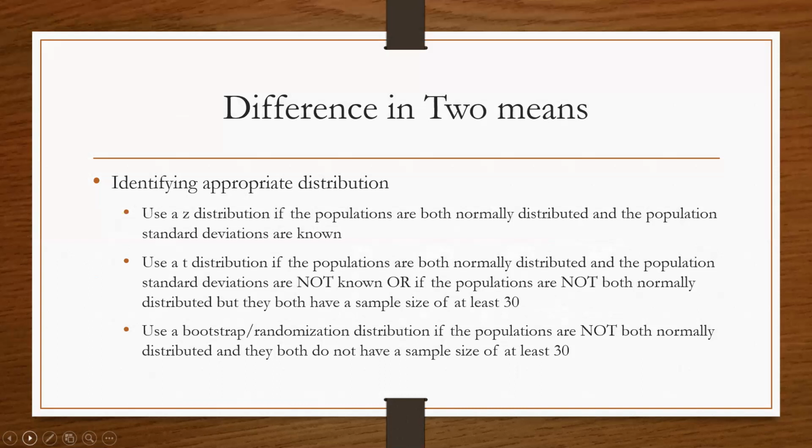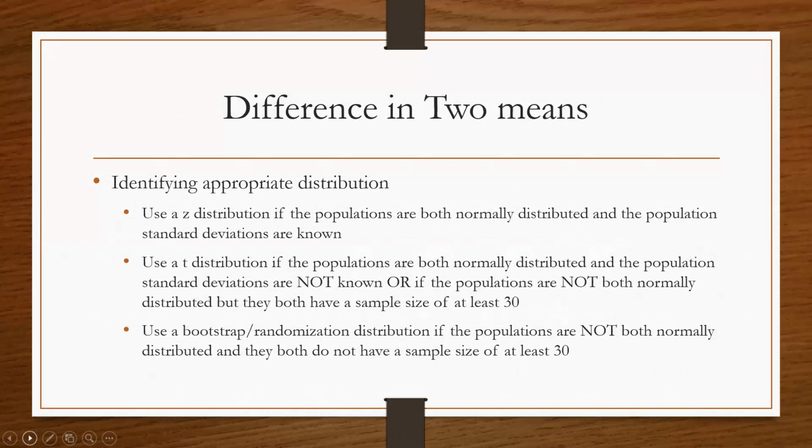So basically, if you want to use a z-distribution, you can only use it if the populations are both normally distributed and the population standard deviations are known. If you want a t-distribution, then you have two ways that you can use it.